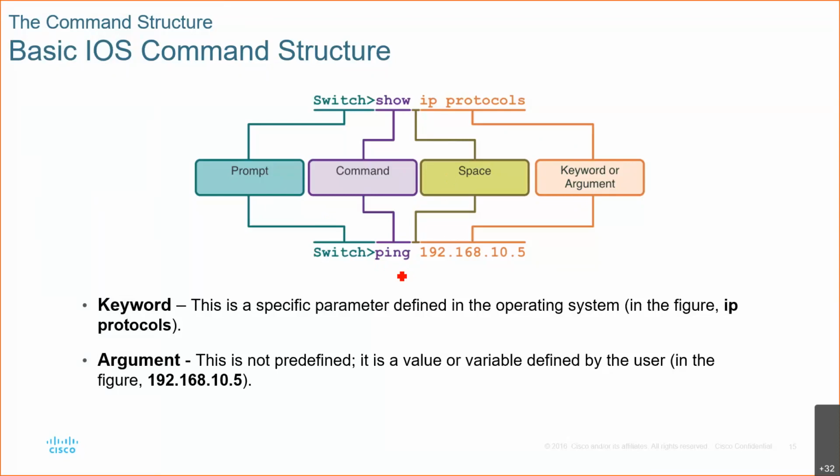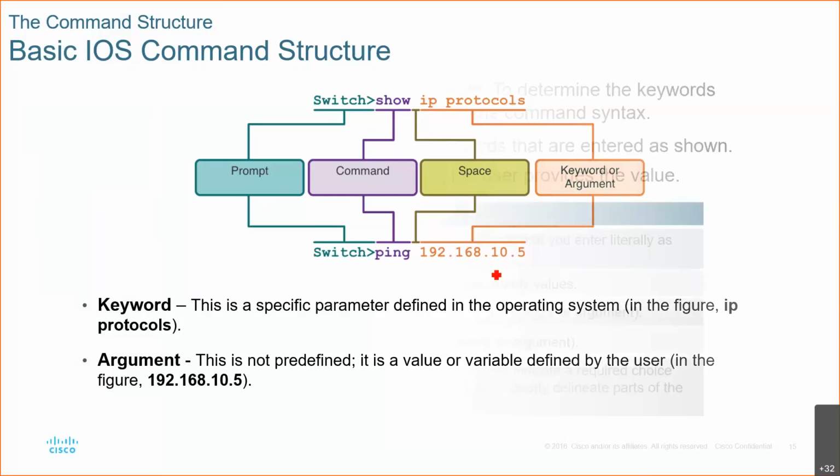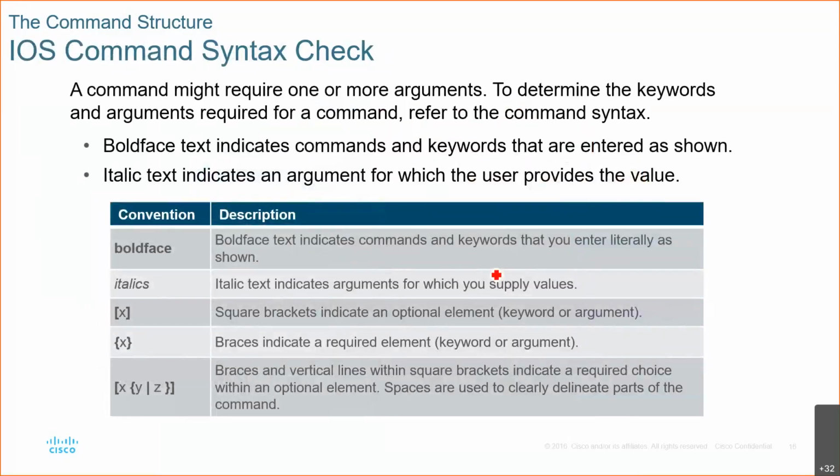If you don't, then there is no connection. So every command structure consists of a prompt and the actual command, and then you put a space and type another keyword. A command might require one or more arguments, so it depends on which command you have.